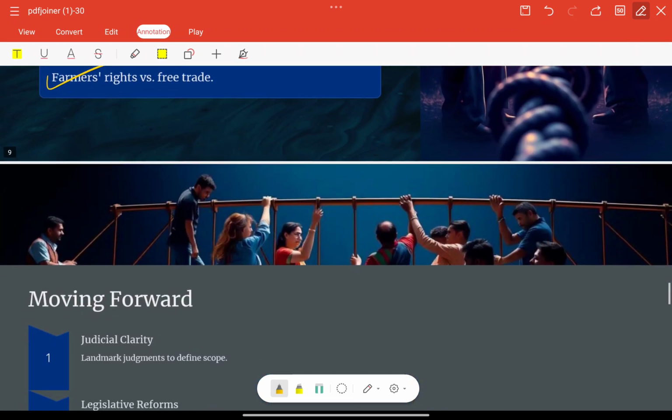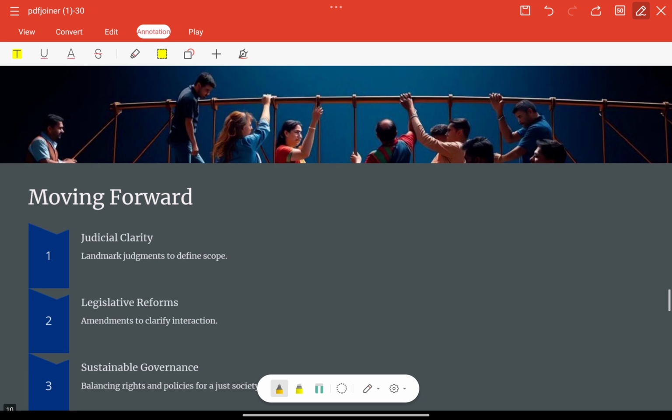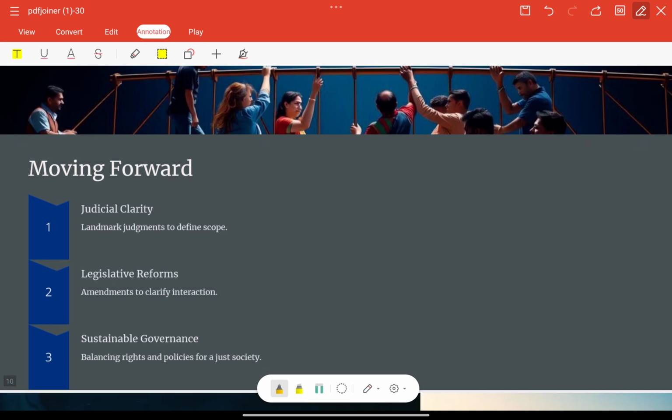So next we have moving forward, that is the needed measures here. Judicial clarity needs to be included here. There is a need for more landmark judgments to clearly define the scope of what is FRs and what is DPSPs, right? There should not be a conflict or clash between the two topics, right?